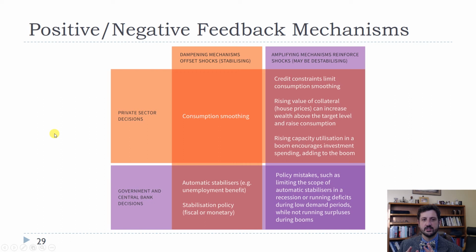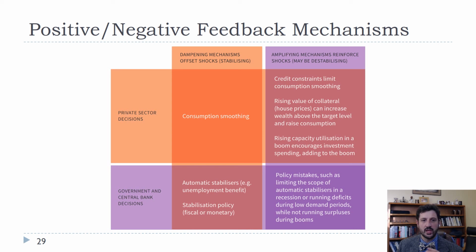So we can think of this in four quadrants where we get these positive and negative feedback mechanisms, right? We have private sector decisions, with dampening mechanisms that offset shocks, such as consumption smoothing. We can have amplifying mechanisms that reinforce shocks, like credit constraints, changing value in assets, especially housing, and rising capacity utilization in booms that adds to even more investment, adding to the boom.